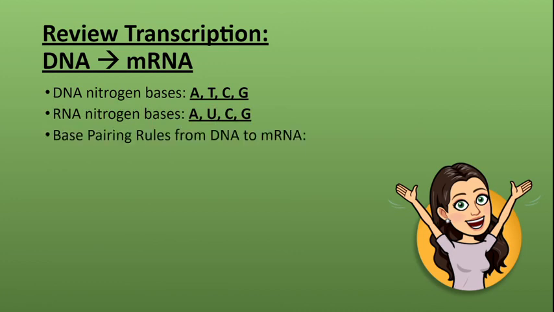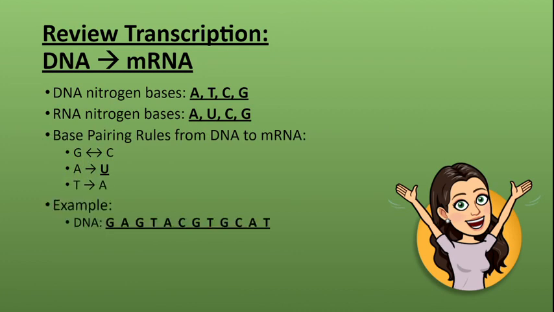So our base pairing rules, DNA to mRNA: G to C, A to U, T to A. So an example of this would be, here is a DNA sample. You have all your regular base pairs for DNA, but here's how it would be transcribed into RNA. So instead of this turning into a T, it's a U.